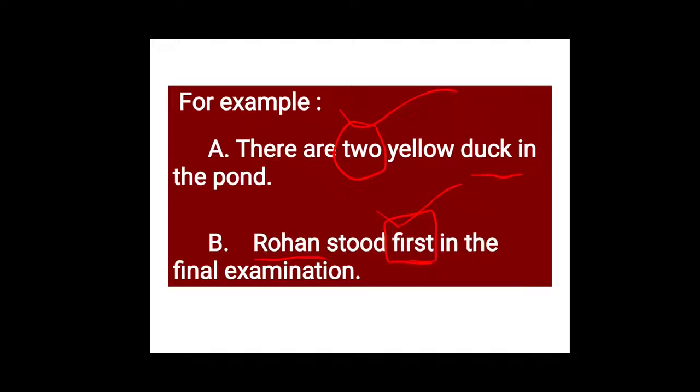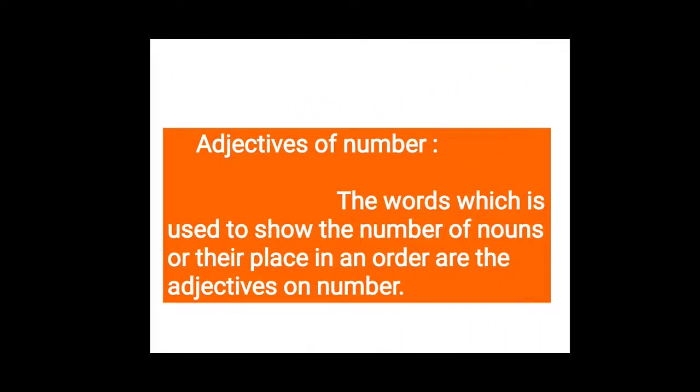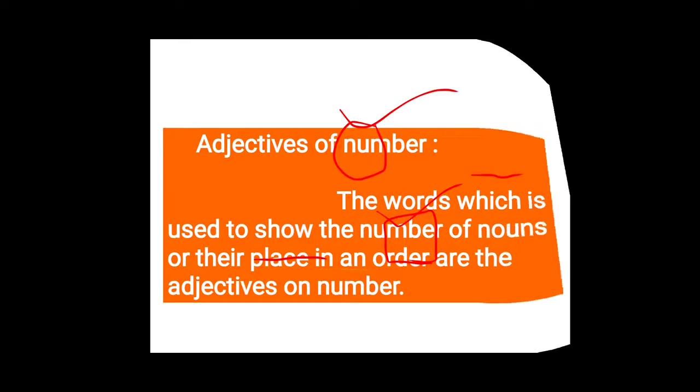And from the examples itself, we got to know the idea of an adjective of number. And now here I have included its definition, which goes like this: the words which are used to show the number of nouns or their place in an order are the adjectives of number. So this definition itself can be reflected in these 2 examples.